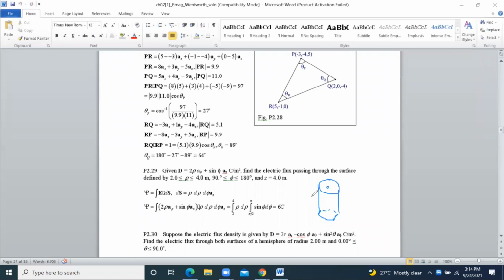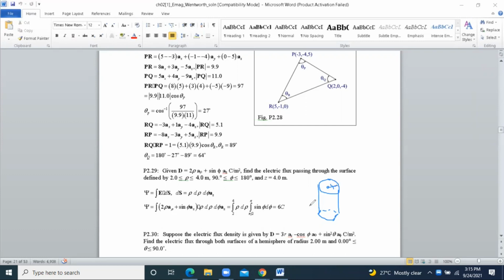Then your rho is from here to here. It says the surface defined by rho from 2 to 4. So say this is 2 here, and this is 4.